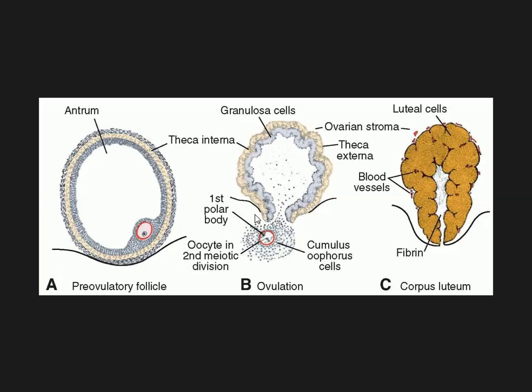Prostaglandin level also increases in response to the LH surge and causes local muscular contraction in the ovarian wall. Those contractions extrude the oocyte, together with its surrounding granulosa cells from the region of the cumulus oophorus, which breaks free: ovulation.